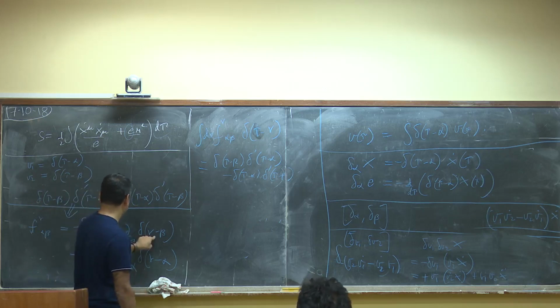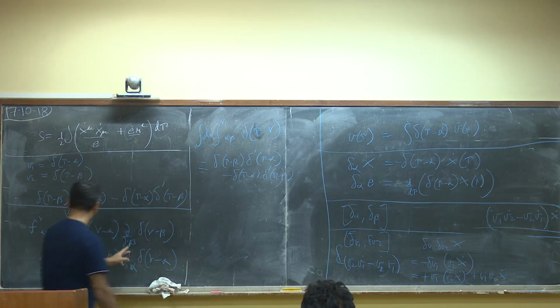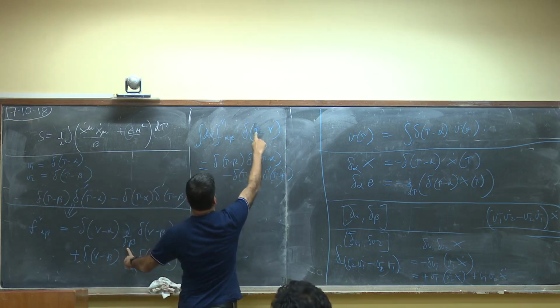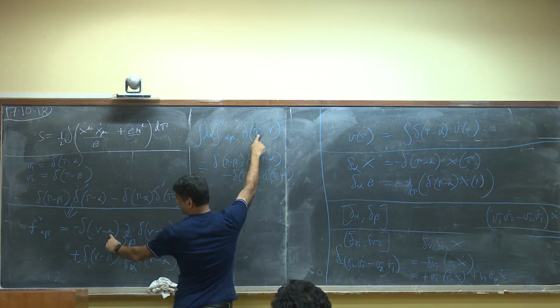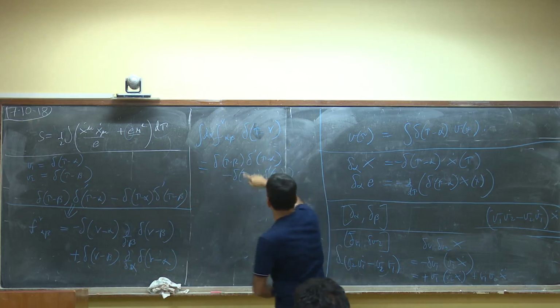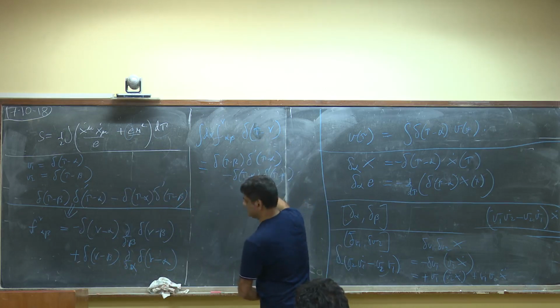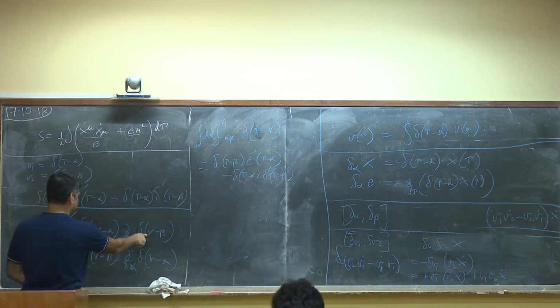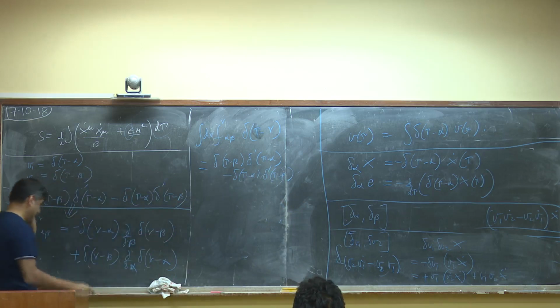Gamma is tau. We switch a sign. So this term will become delta of tau minus alpha, and delta prime of tau minus beta. Is the sign working right? Let's see.